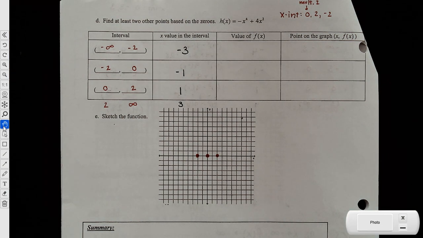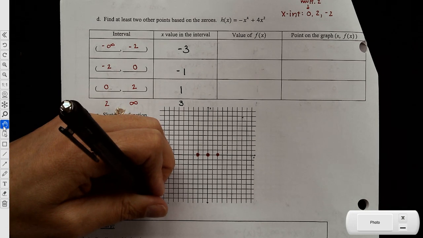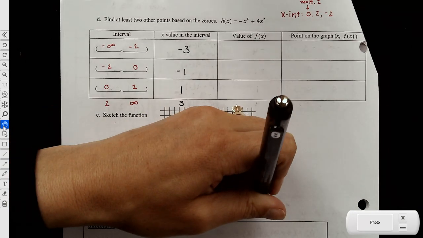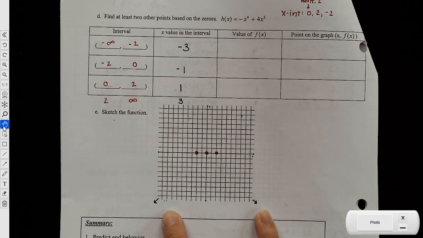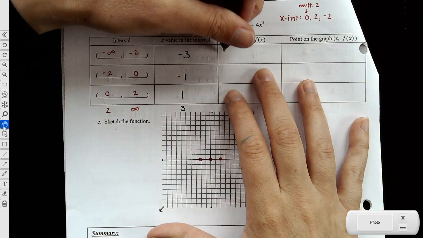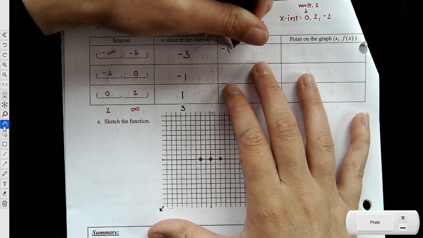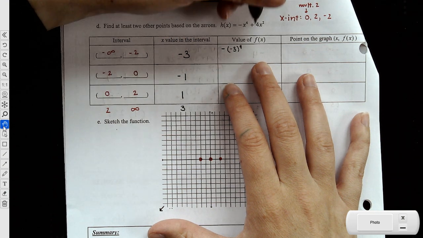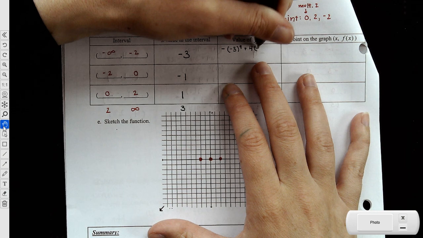Now, one thing to keep in mind, this one had an end behavior of negative infinity on both sides. So somehow I should have those arrows pointing down on both sides. All right, so I'm going to go ahead and plug in these values. So negative 3, so I have negative 3 to the fourth, plus 4 times negative 3 squared.